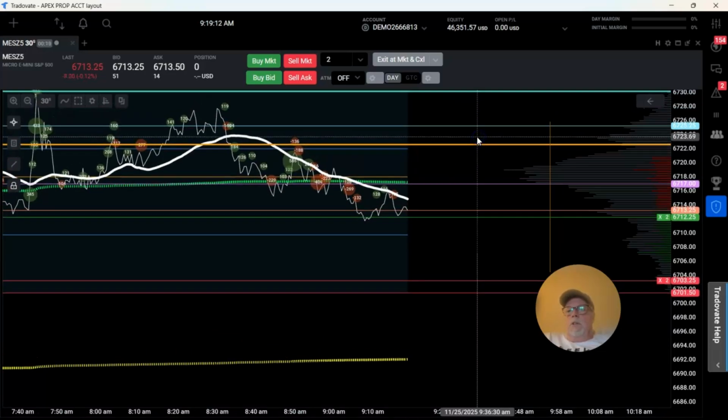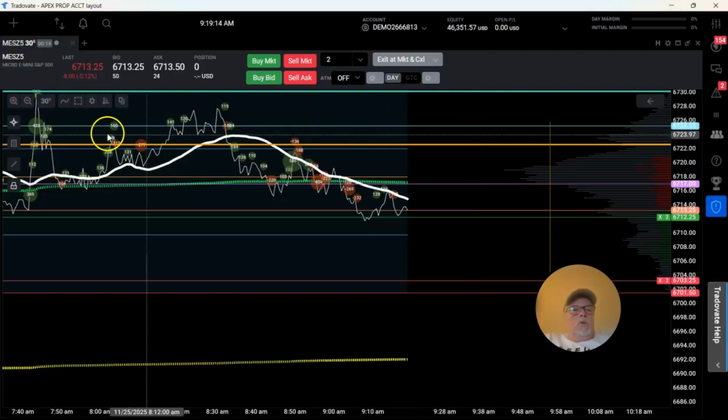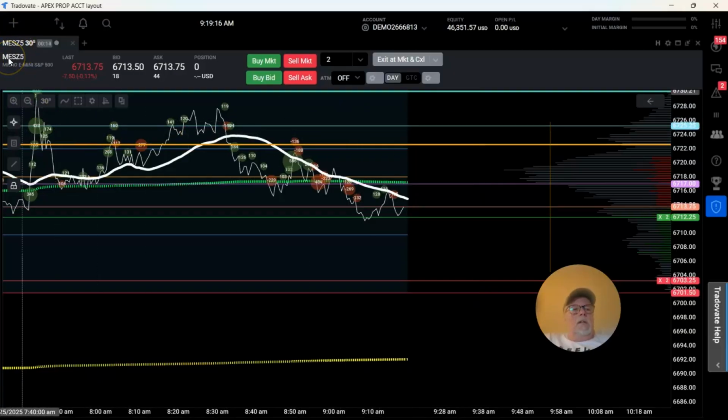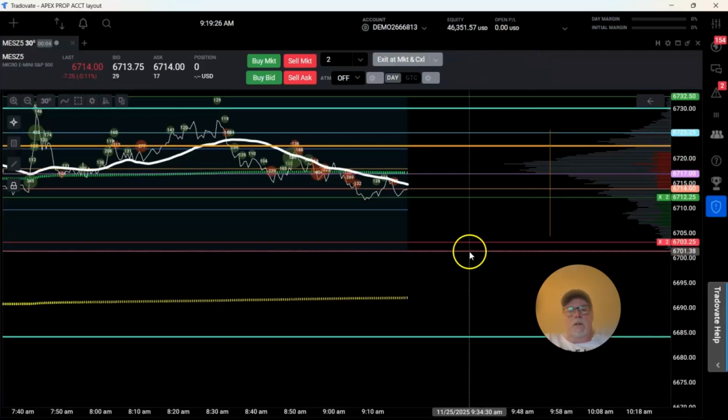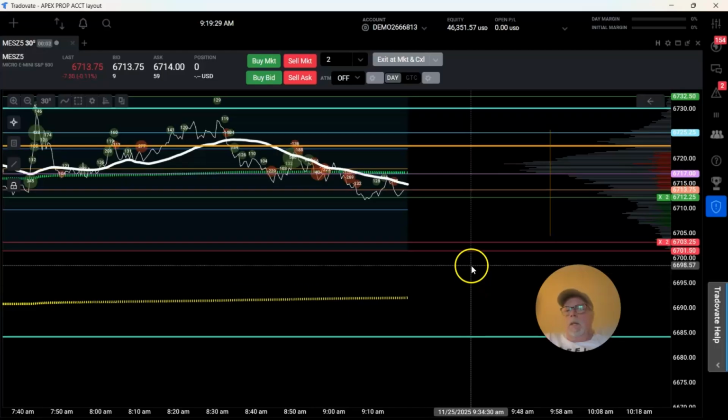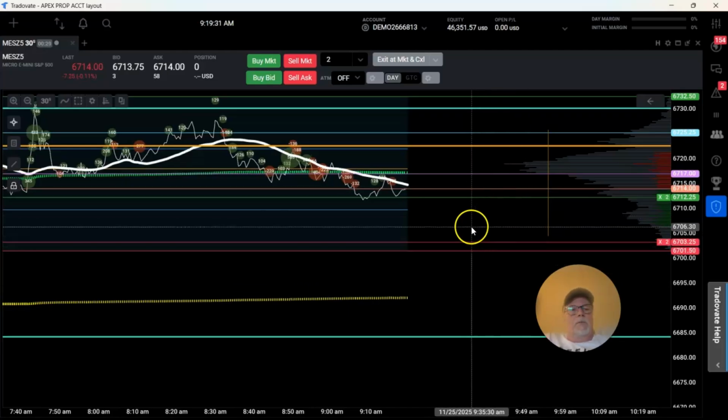I just wanted to show you the difference in the micro ES, or the MES, versus the ES markets. I've been trading the ES markets. It may have scared some of you because the dollar amounts are huge. These are more manageable, especially for someone starting out or someone prop trading.